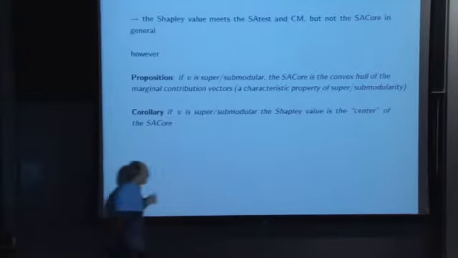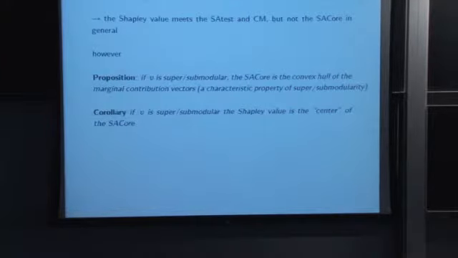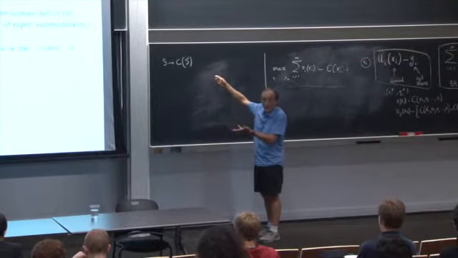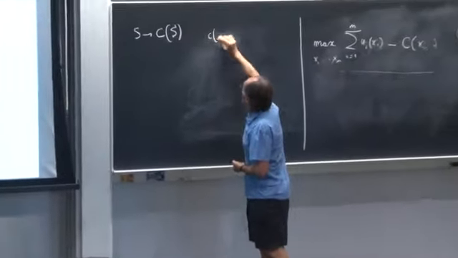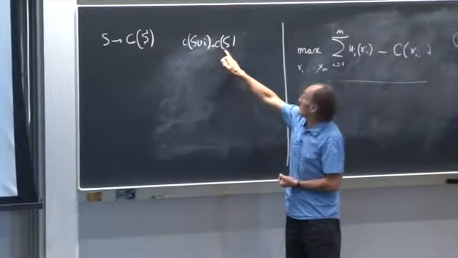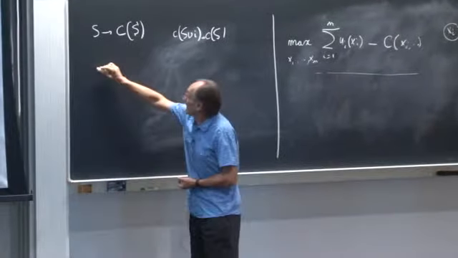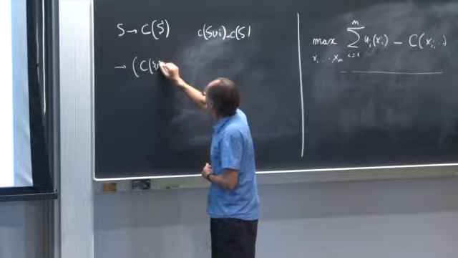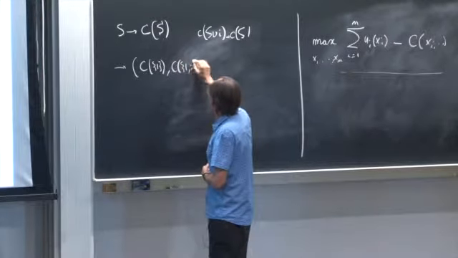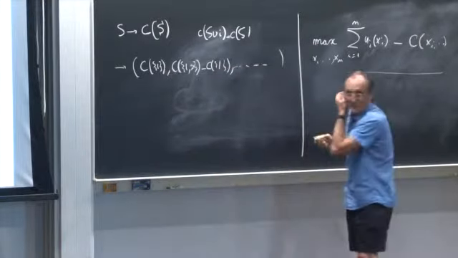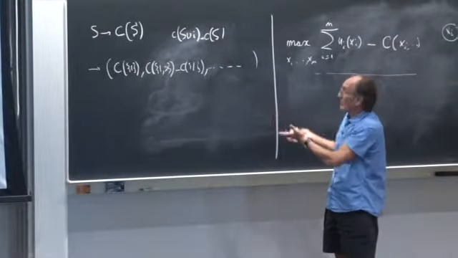Here I'm talking TU cooperative game, so for each subset I give you a cost, and I'm assuming the TU cooperative game is submodular, so I'm assuming C of S union I minus C of S is decreasing with respect to S. In that case, for each priority ordering, if I take a list of payments like here, C of 1, C of 1, 2 minus C of 1, etc., the list of these incremental costs, each such vector is called a marginal contribution vector.